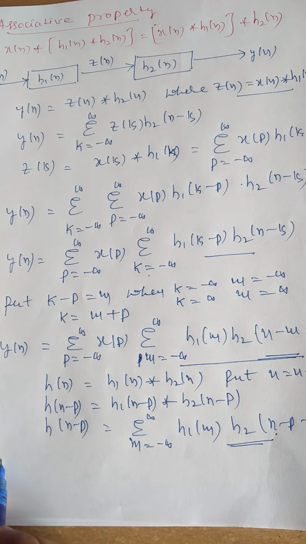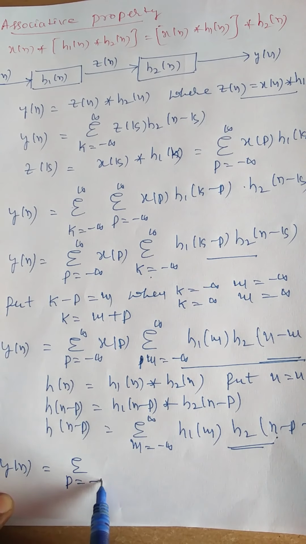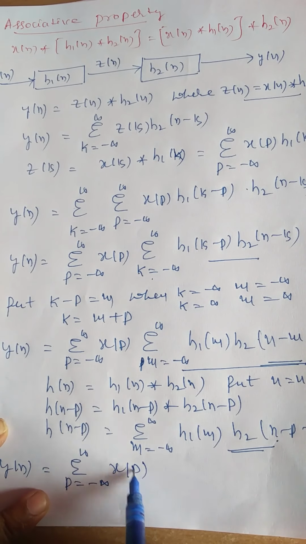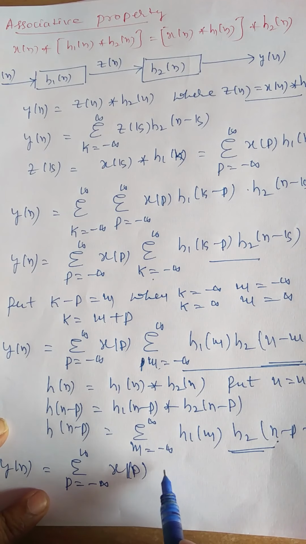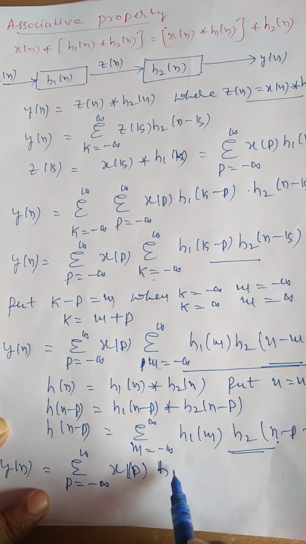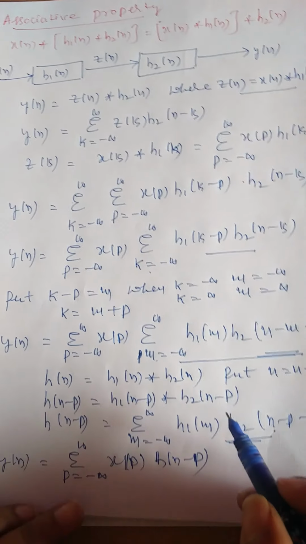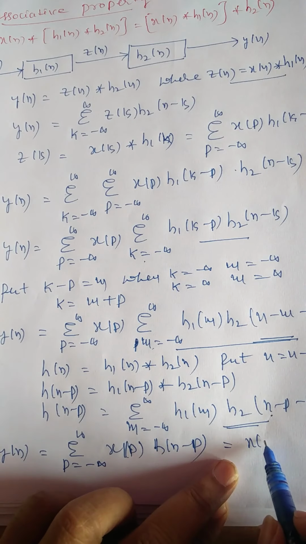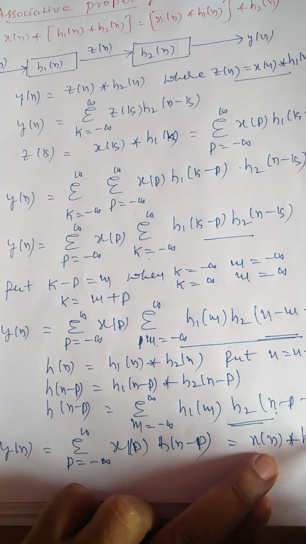Now y of n can be written as summation of p tends from minus infinity to plus infinity x of p h of n minus p. This is same as x of n linearly convolved with h of n.